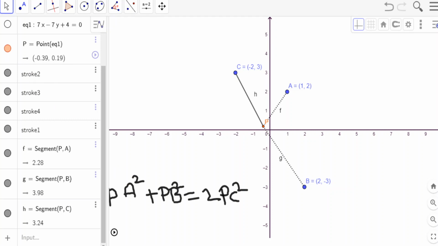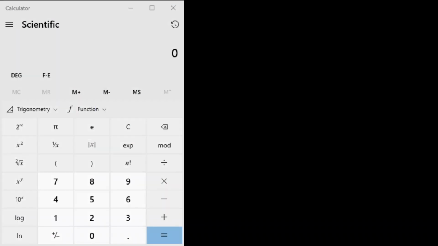Now I will verify whether P is a point which satisfies the geometrical condition or not. Now you see friends, I am taking the calculator here. 2 PC square is there, 2 PC square means 3.24 whole square into 2. 2 PC square is clear, right? Now if you take PA square plus PB square to the left side, it will be minus PA square. What is PA square? 2.28 whole square, minus next 3.98 whole square.